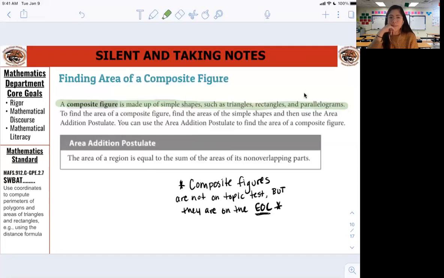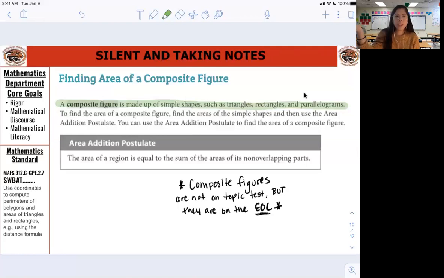A composite figure is made of simple shapes such as triangles, rectangles, and parallelograms. To find the area of a composite figure, find the areas of the simple shapes and then use the area addition postulate. Good.